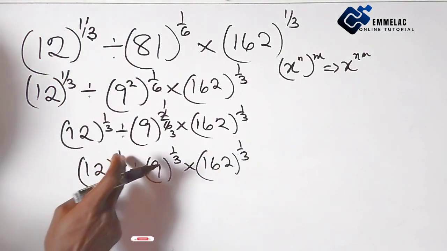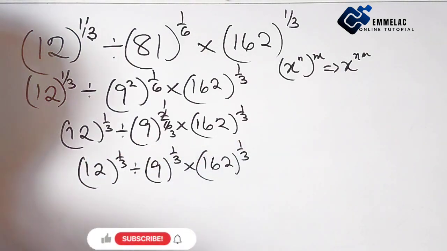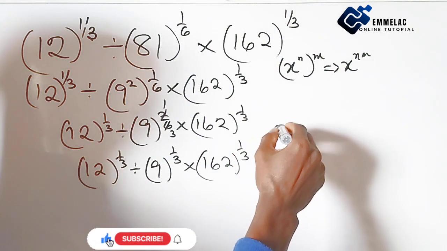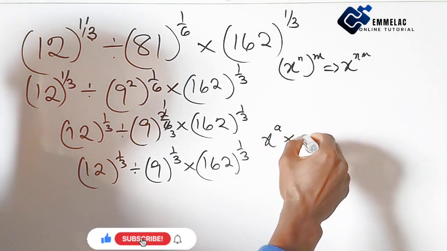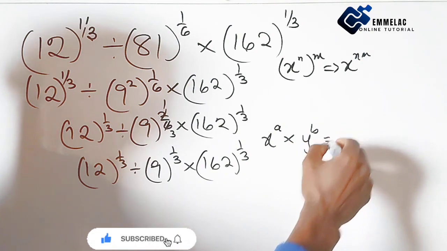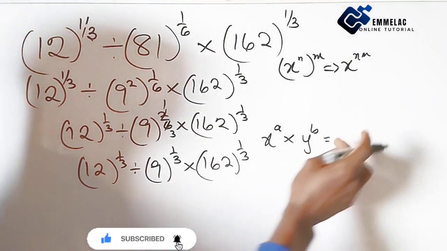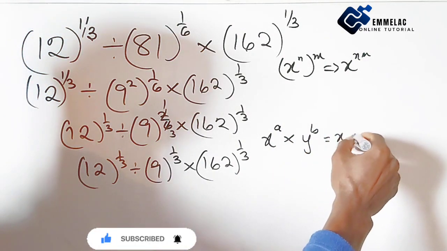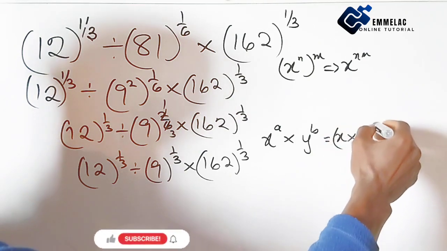Now, since we have the same power, where we have x raised to the power of a times y raised to the power of a, this also implies that x times y all raised to the power of what?